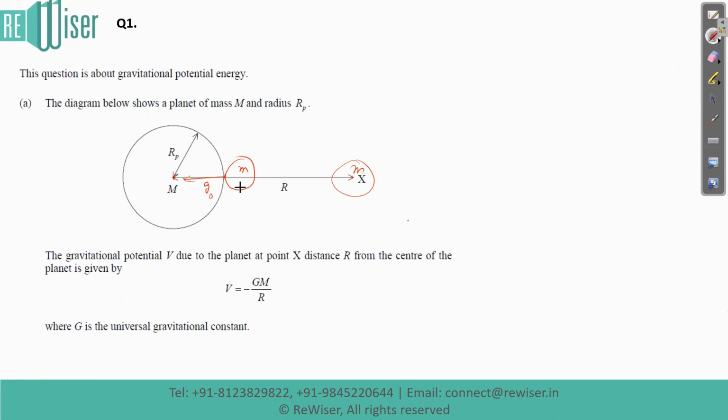What you can do is consider this to be a point mass and bring it here, having mass m. Now the distance is rp because the radius is rp. So the distance from here to here is rp.